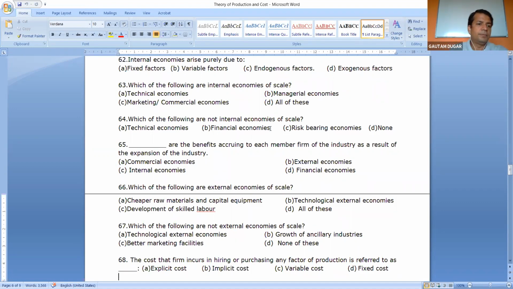If my firm is a bigger one, I will be able to reap the financial economies in terms that if my firm is a bigger one, I will get loan from the bank at a lower rate of interest.